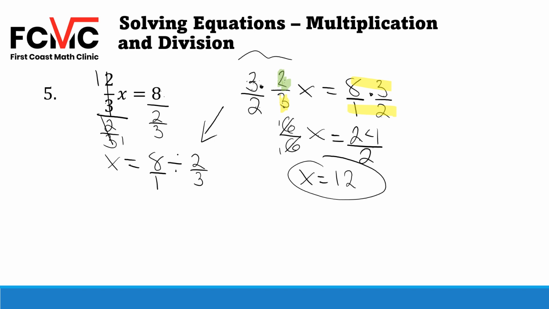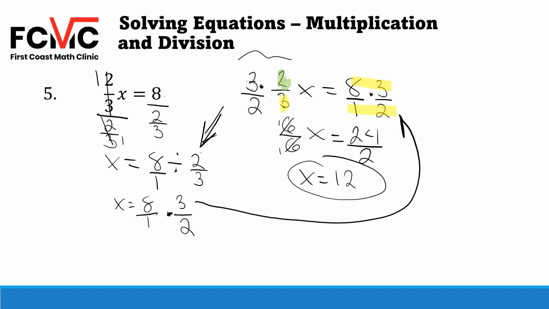Well, let's say we didn't do that, we just divided by 2/3. Well, how do we divide fractions? We want to change our division to multiplication. So I keep that first value, 8/1. I change the division to multiplication, and I take the reciprocal of the fraction I'm dividing by. So 2/3 becomes 3/2. So I get the same thing that we had up here.